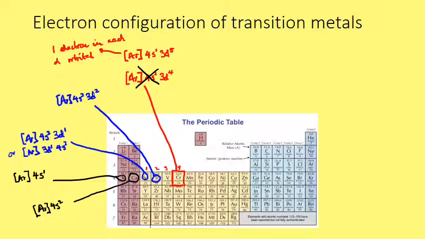And I'll go back to blue because manganese is normal. And just to prove that, I'll do manganese, which is argon plus your 4s2 plus your 3d5. Sorry, I forgot my 2 there.